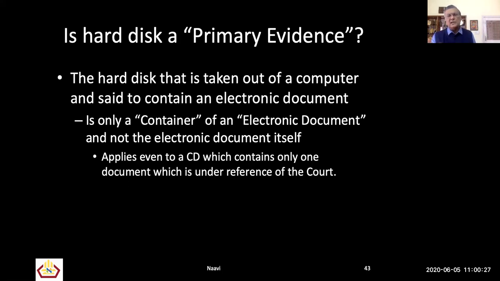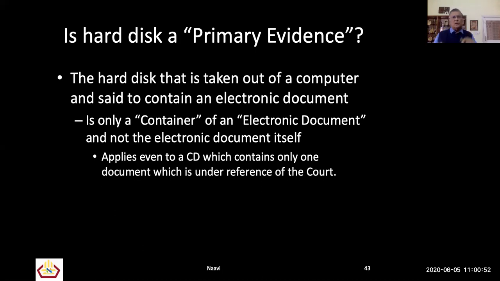If it is a CD, it is lying there as, you say, pits and lands. So some impressions of a different kind. So there is no way by which you can call a CD or a hard disk as the original evidence.